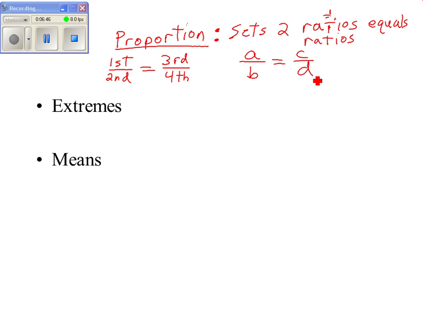So A in this case is in the first location, B is in the second location, C is in the third location, D is in the fourth location. Another way we could write these, using the colon, is A colon B equals C colon D.